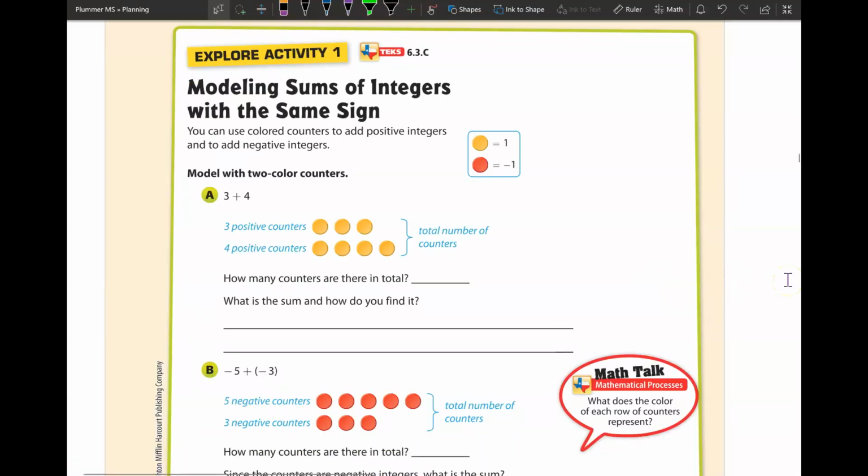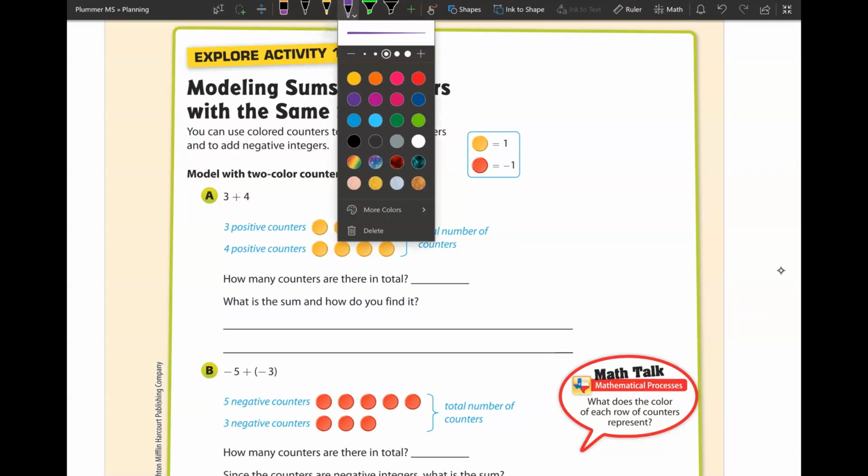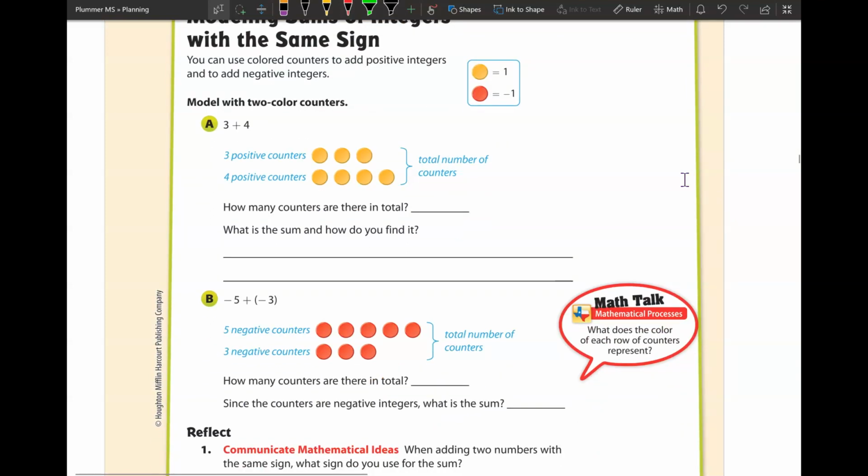It says modeling the sum of integers with the same sign. You can use color counters to add positive integers and to add negative integers. For us, a yellow or a gold color is going to equal a positive 1, and a red is going to equal negative 1. It says model with 2 color counters, 3 plus 4.